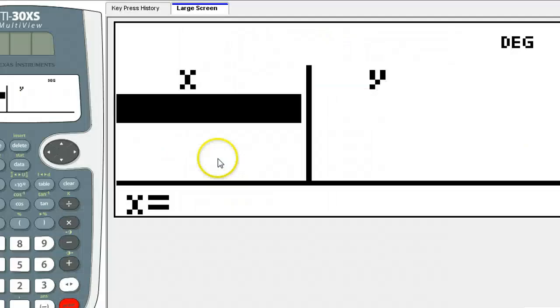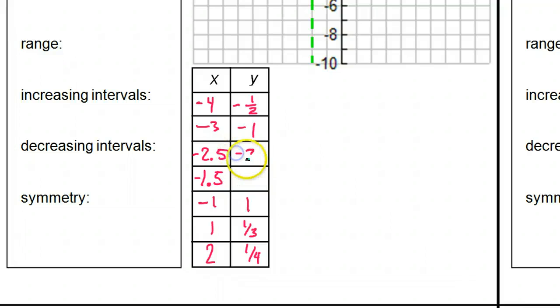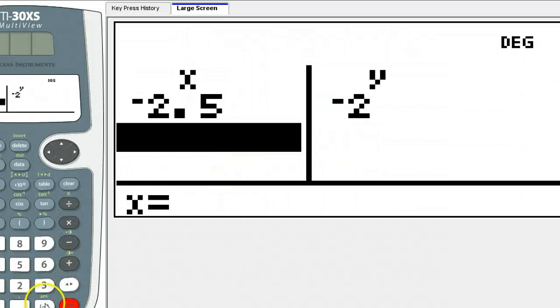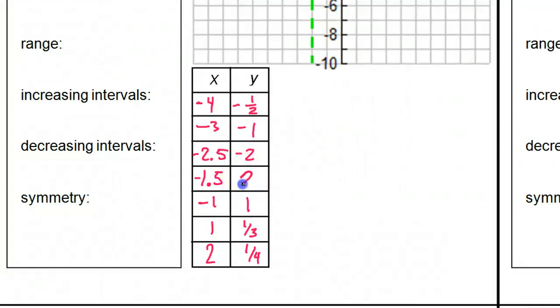So negative 2.5, negative 1.5. All right, so the ask feature is very handy when you need to evaluate some decimals. So don't forget about that.